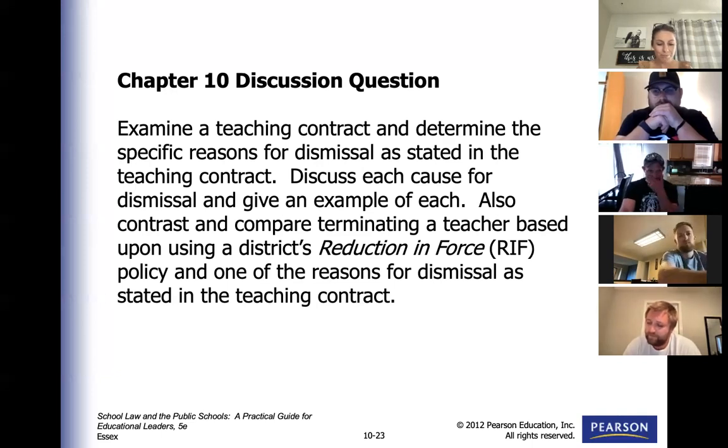So when reading this, I'm looking at the fourth. The fourth one says that a majority of the board members may cancel or amend this contract during its term for any of the following reasons: cancellation, termination, revocation, or suspension of a teacher's certificate by the State Board of Education.